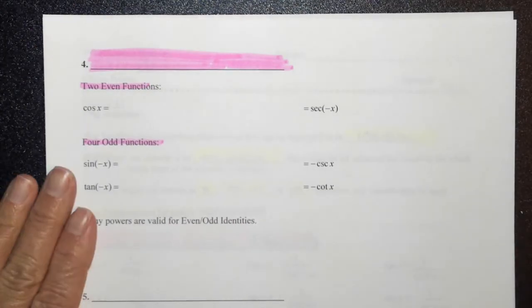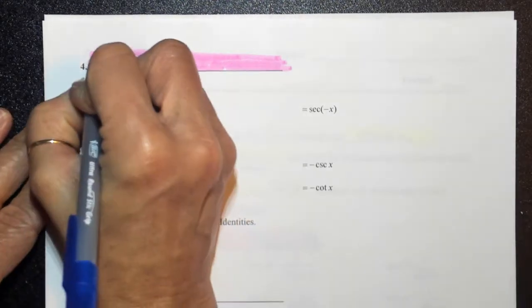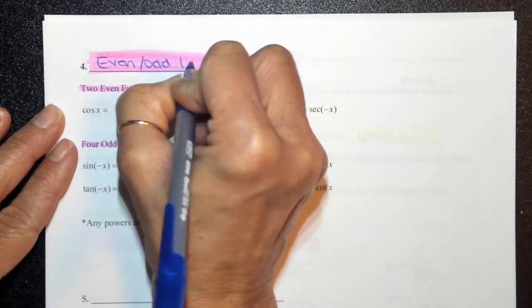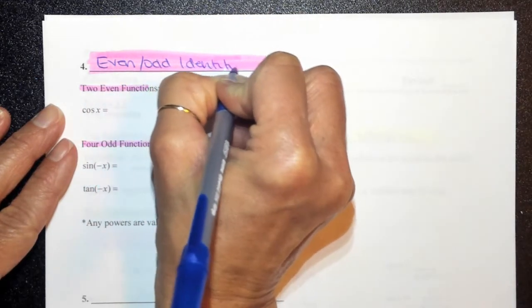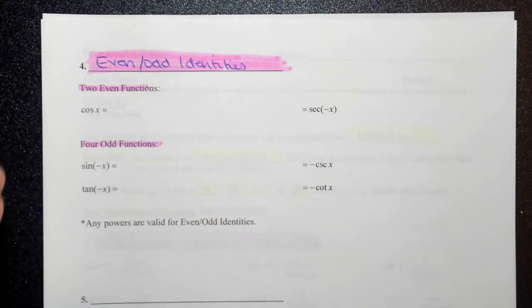The last of the identities that we have to review that we went through in Unit 1 would be our even identities and our odd identities. Okay? And you have to say either that it's an even or an odd. You can't just say even odd.